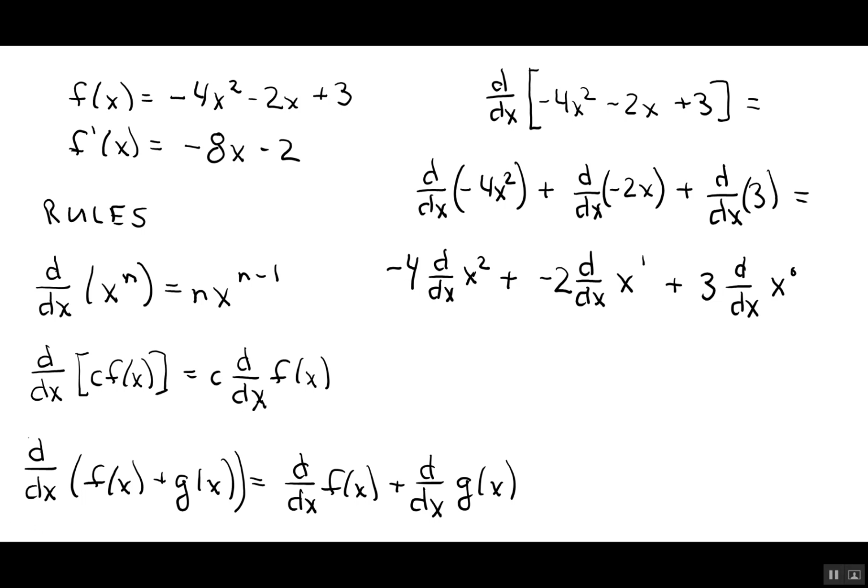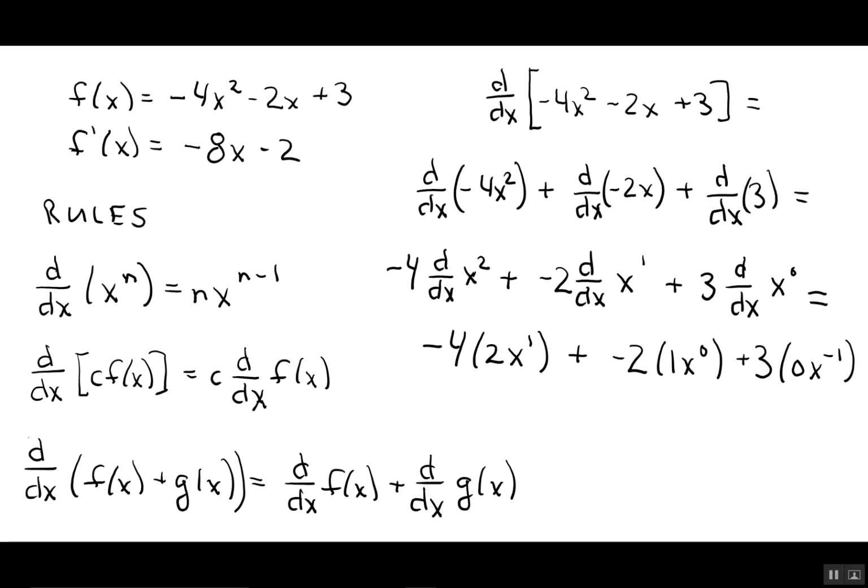So now I'm going to apply the constant multiple rule. The derivative of minus 4x squared becomes minus 4 times the derivative of x squared. The derivative of minus 2x becomes minus 2 times the derivative of x, and here I've added a 1 as an exponent. X by itself is the same as x to the first power. The derivative of 3 is 3 times the derivative of x to the 0th power. I can imagine that there's an x to the 0th power next to the 3 here. X to the 0th power, of course, is 1.